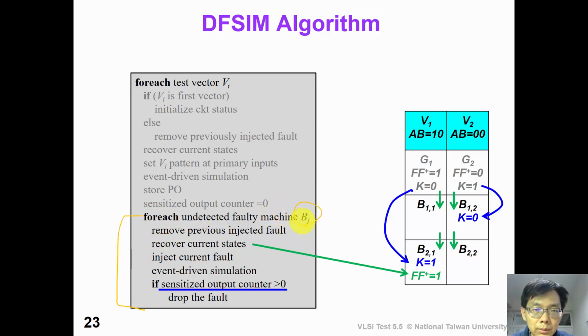For each fault in the circuit, we will remove the previously injected fault and recover the current state from the previous simulated circuit. We inject the current fault and run event-driven simulation. If we find that the sensitized output counter is greater than 0, for example, this output is different from the good output, then we will detect the fault. In this way, we can drop the fault.